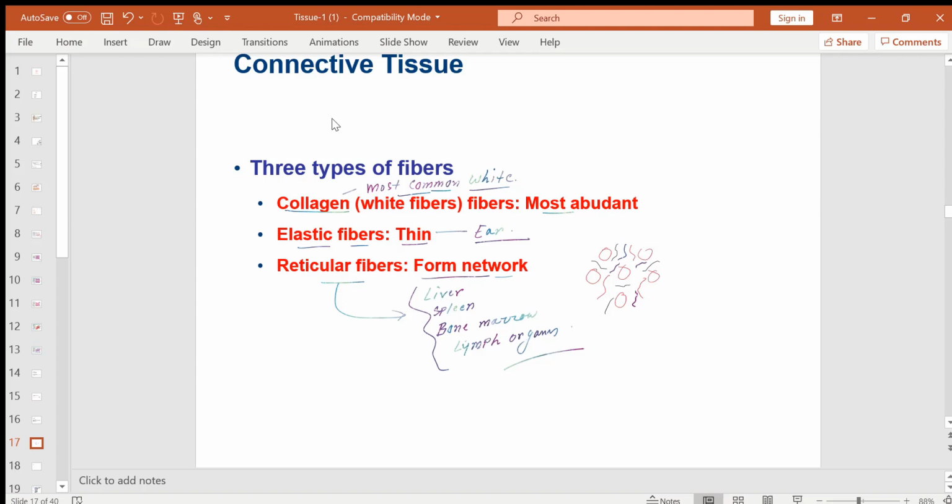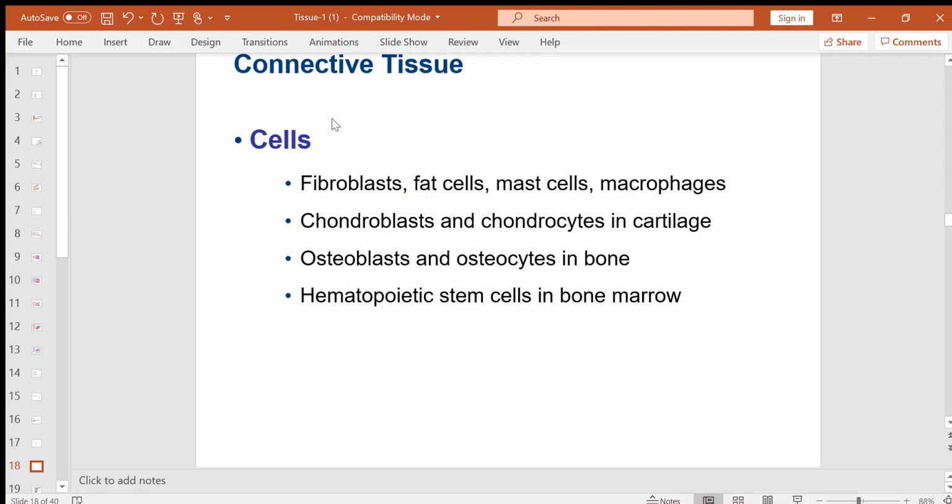Since there are many different types of structures that are formed by the connective tissue, you have many different types of connective tissue cells. The most common type is fibroblast, and since fat is a connective tissue, fat cells are connective tissue cells.